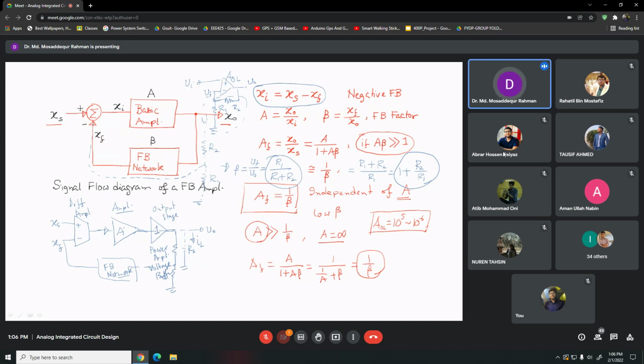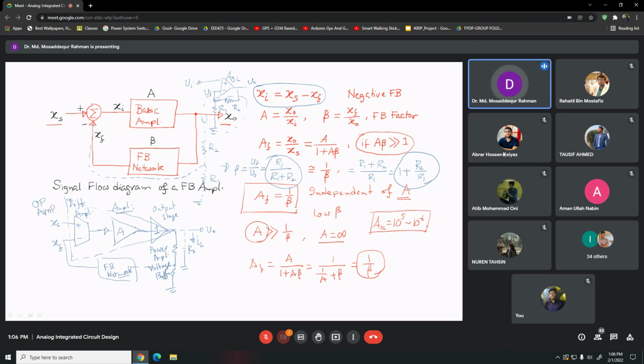So this difference amplifier, then we have the basic voltage amplifier, and then we have our output stage, the power amplifier or voltage buffer. So these three components together make what we know as the op-amp, right?